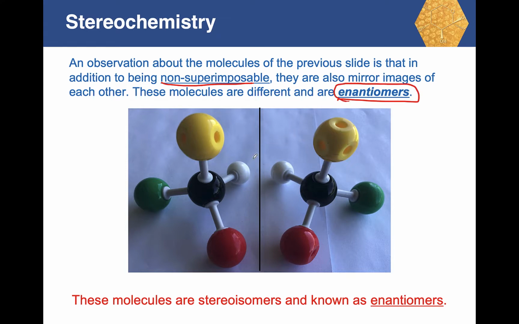Here's another aspect of enantiomers. If we have the same molecule, carbon with yellow, white, red, and green, and assume this is a mirror right here. The mirror image of this is here. So the mirror image of this molecule here is its enantiomer, or it's different.